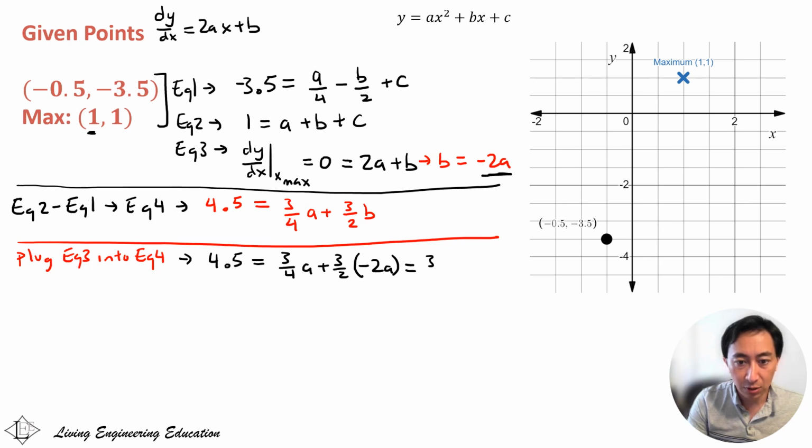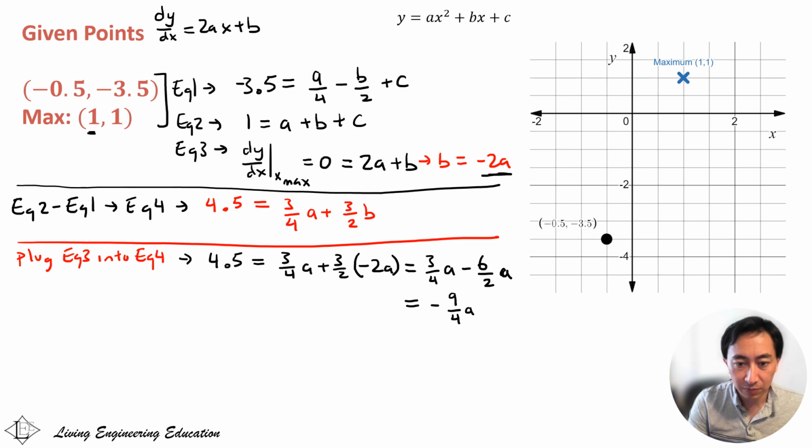This is 3/4 a minus 6/2 a, or I can rewrite this as 12 over 4, so negative 9/4. Let me make sure this doesn't look like an a.